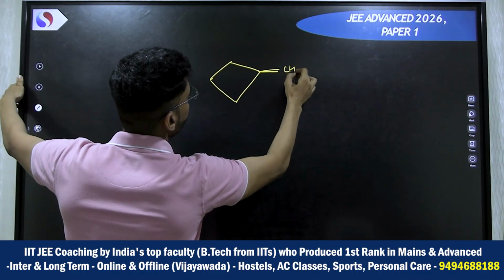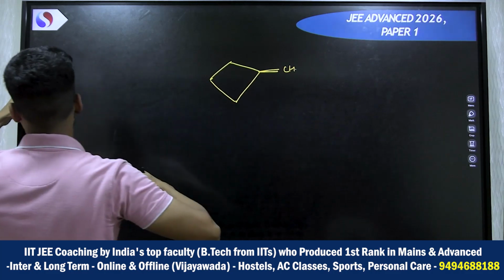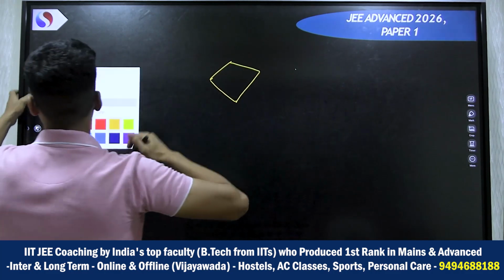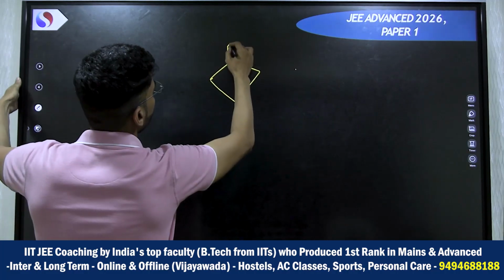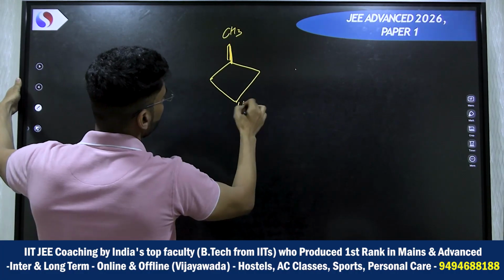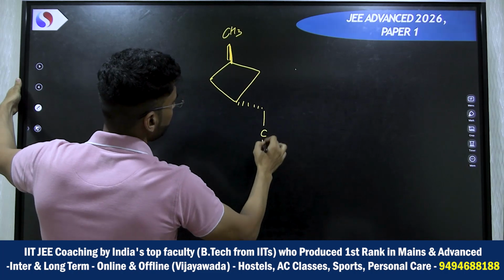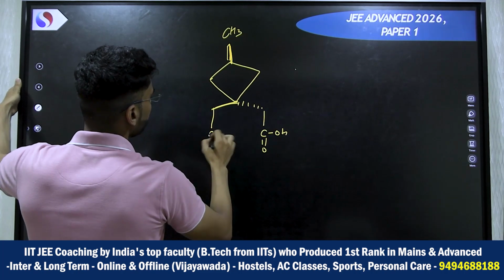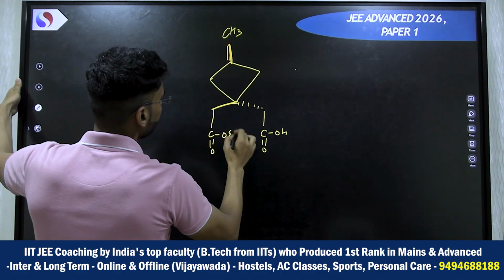There is a CH. In this other case, they have given a CH3 group here. Here it is a C double bond O, OH. Here it is a C double bond O, OEt.